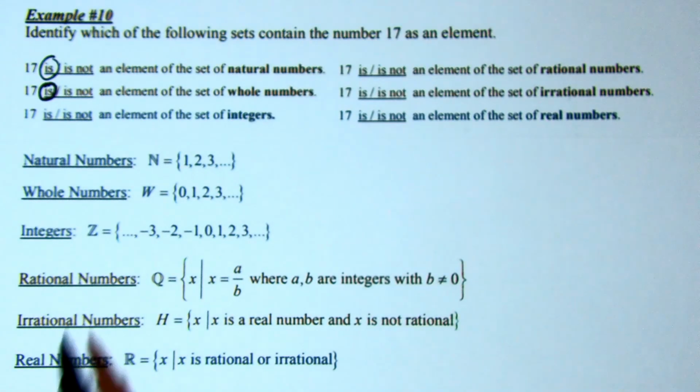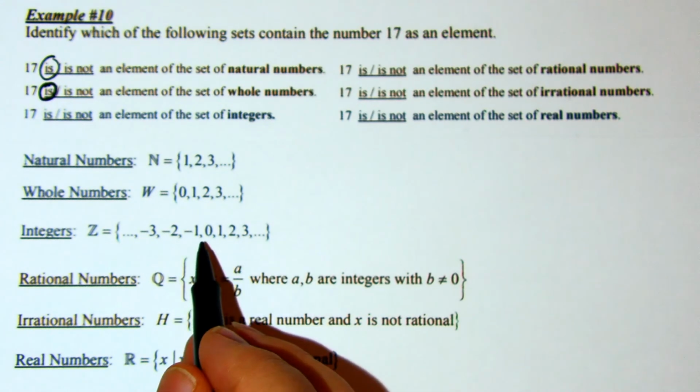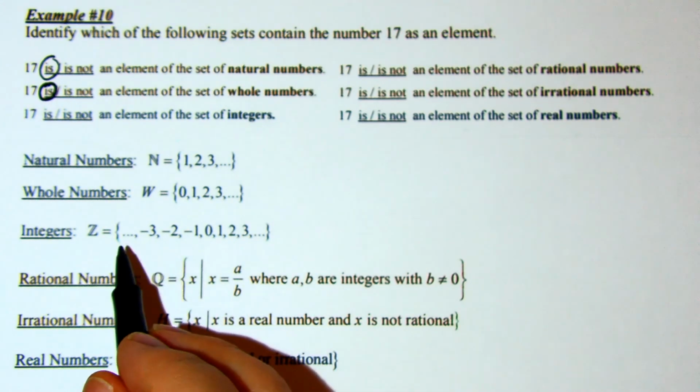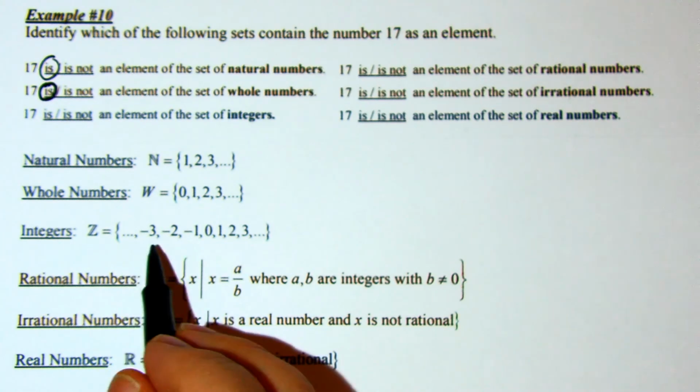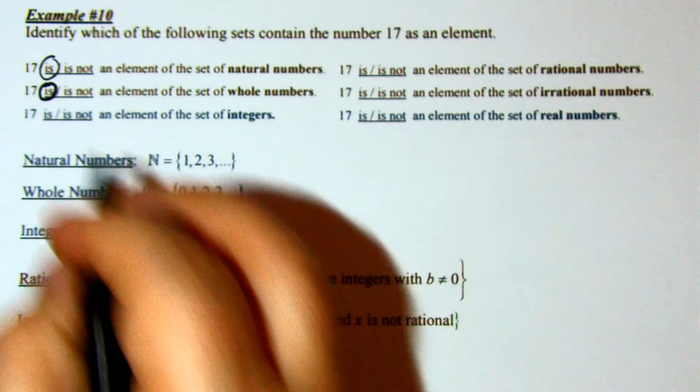And the integers are similar, 0, 1, 2, 3, etc., but they also contain the negative numbers, which doesn't matter to us in this problem. The important thing is that 17 is an integer.